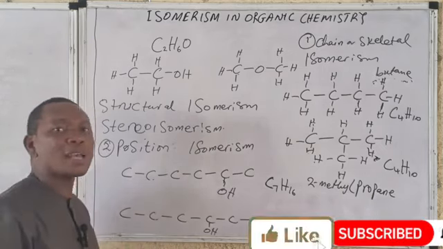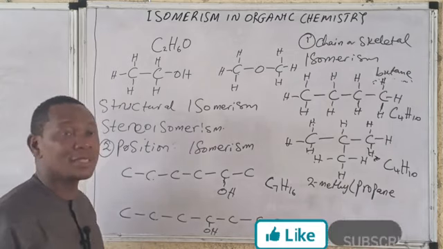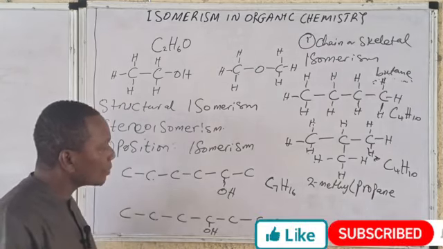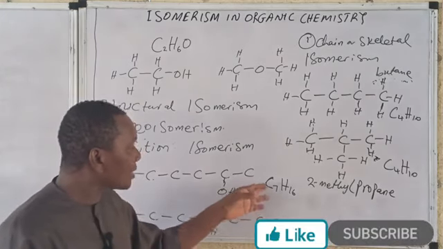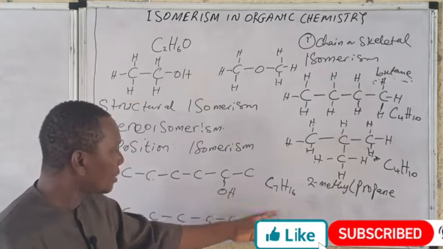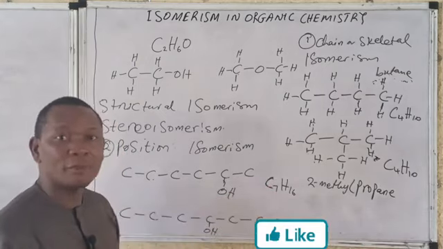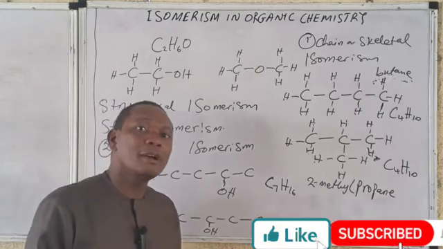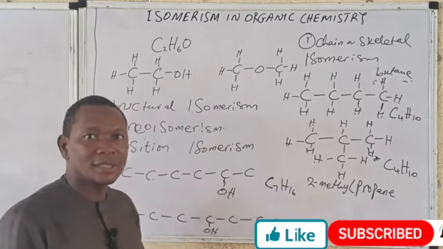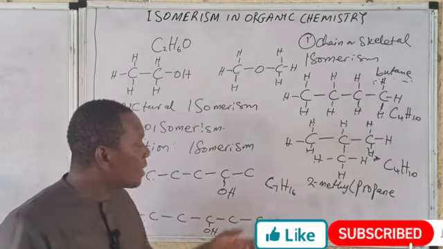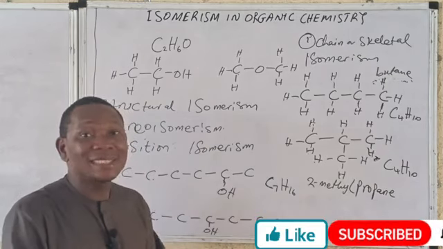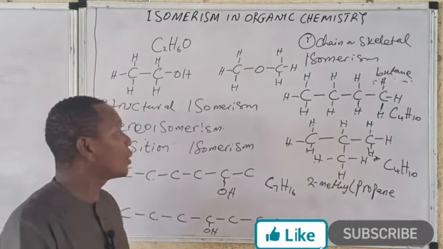Sometimes people ask, where is the usefulness of isomerism? It is only through the knowledge of isomerism that you know that you can have two compounds with the same molecular formula, and they have different properties. The reason is simple. They may have the same molecular formula, but they are entirely different compounds.